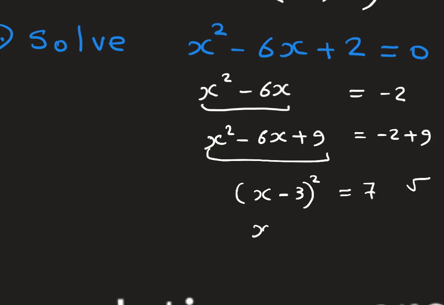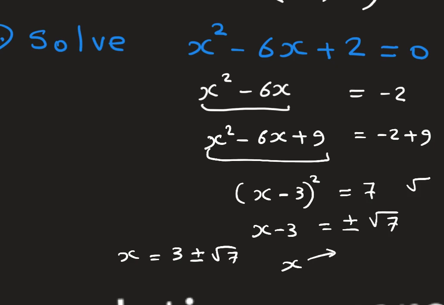Now you have x minus 3 equals plus or minus root 7. So x equals 3 plus or minus root 7, 3 goes to the other side. Now we have two values for x. x equals 3 plus root 7, we can find it in decimal, and x equals 3 minus root 7.